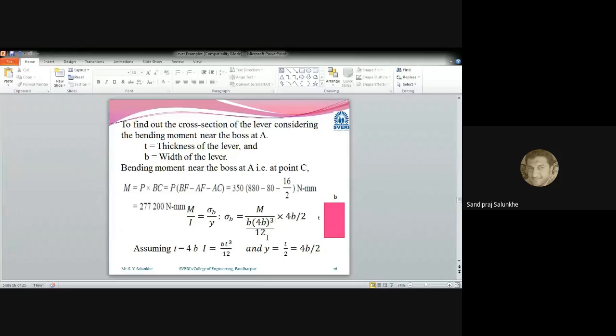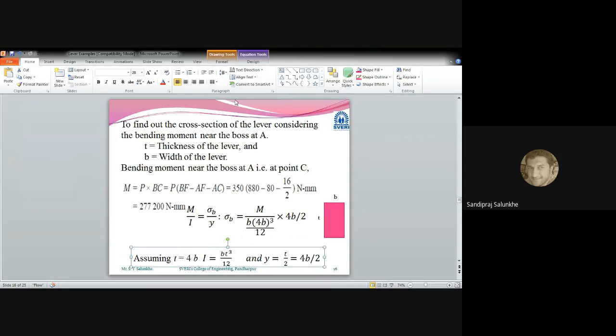What value are you getting? 10395. Can I write here? 10395, b cube.